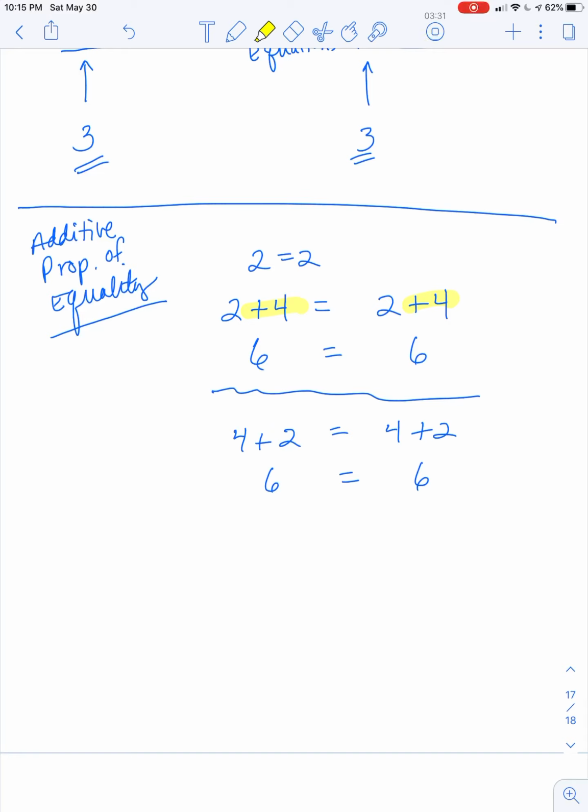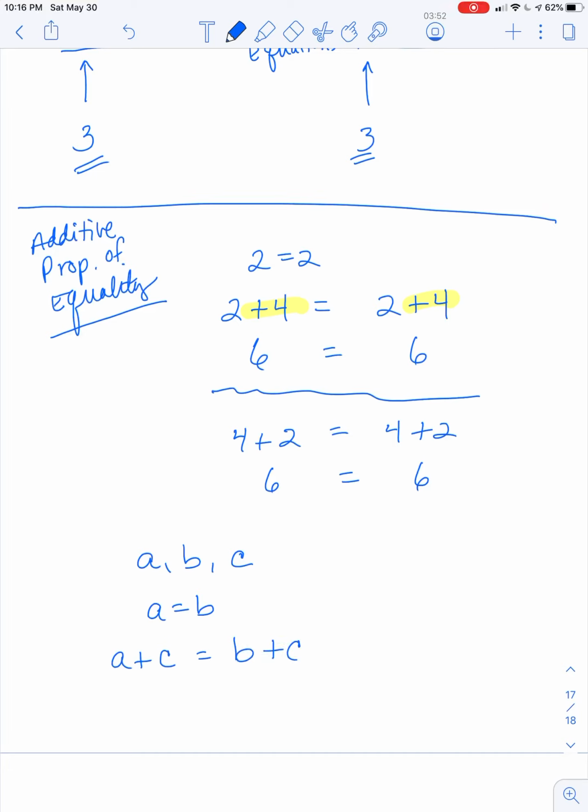Okay, so what it means is that for any real numbers A, B, and C, if A is equal to B, then here's also what is true.